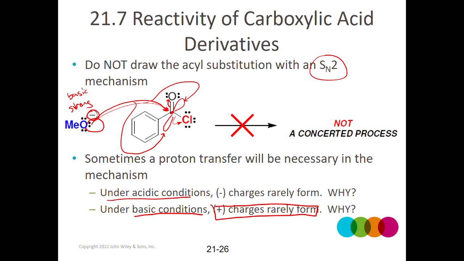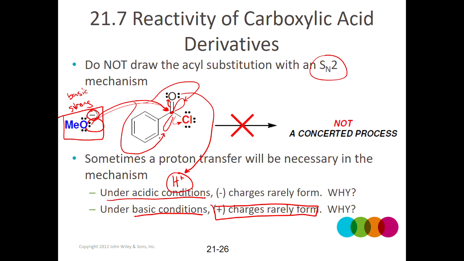Well, we're going to see some examples where we're under acidic conditions, right? Under acidic conditions means we've got lots of protons around. So maybe the carbonyl would start by picking up a proton, in which case we would end up with positively charged intermediates. We can't mix negatively charged compounds with positively charged compounds because they just react directly with one another, right? So you might say, well, what if there wasn't enough positive here?